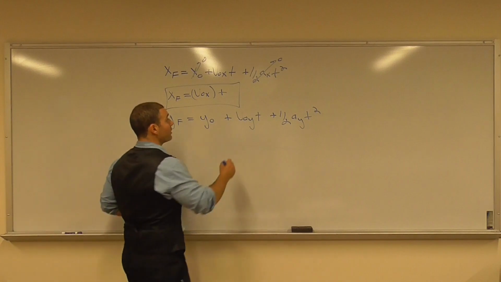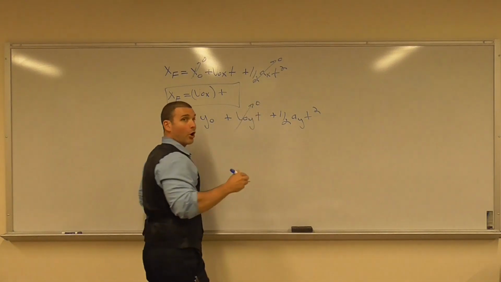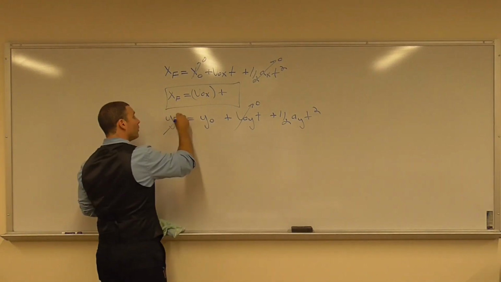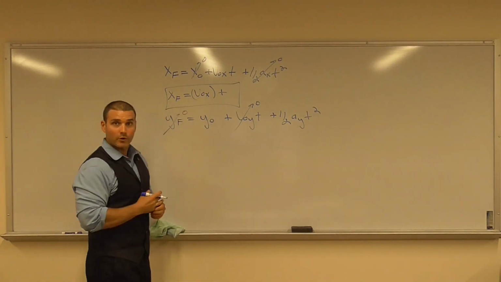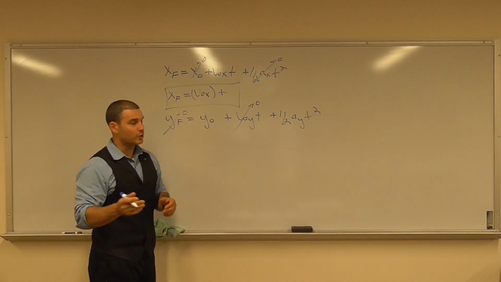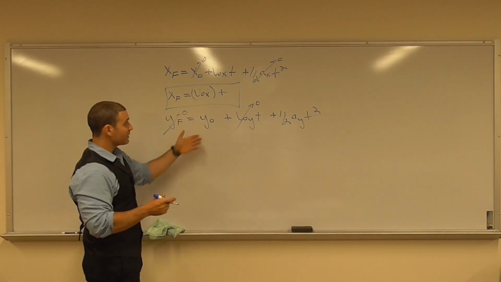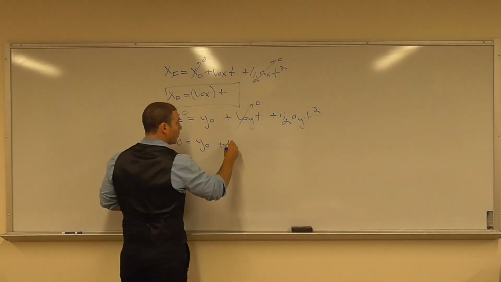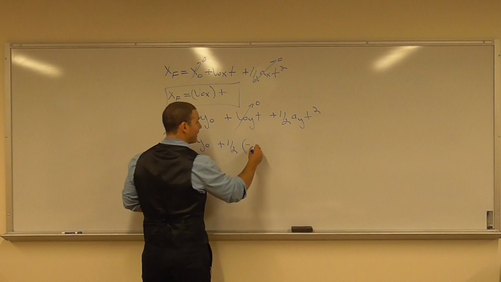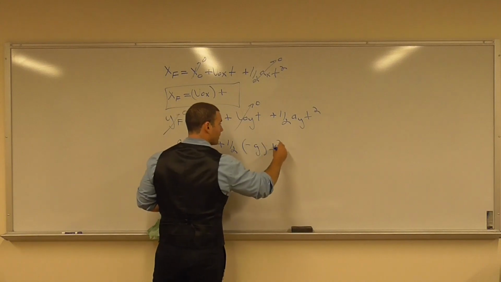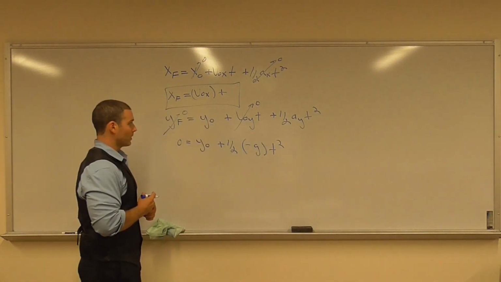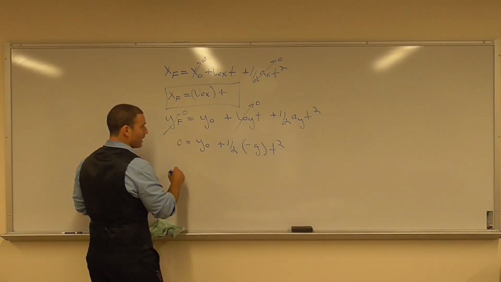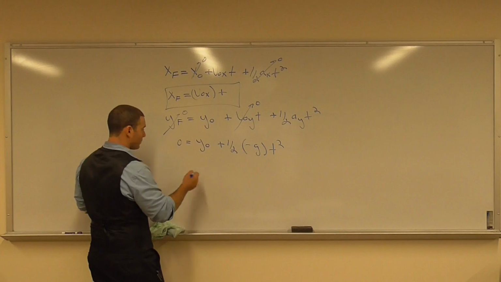I know that my initial velocity in the y direction is 0. The dog jumps horizontally. I also know that my final position in the y direction is also 0, by definition. So I have this expression. I have 0 is equal to y_0 plus 1/2. I know my acceleration is minus g, t squared. Okay. So if I rearrange this, let's work it out.